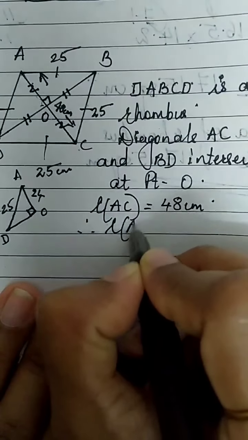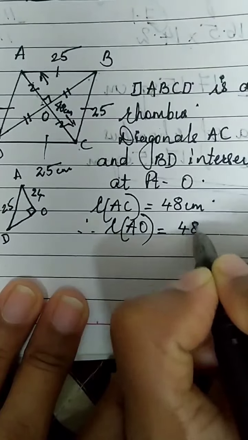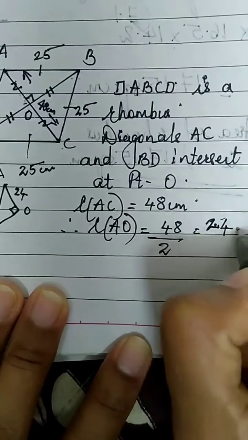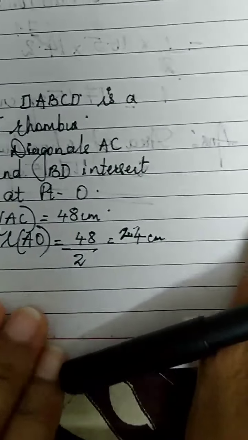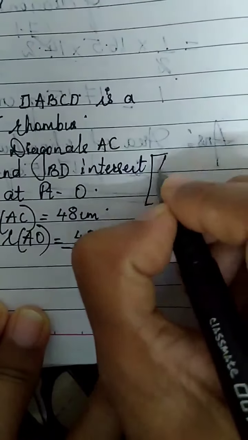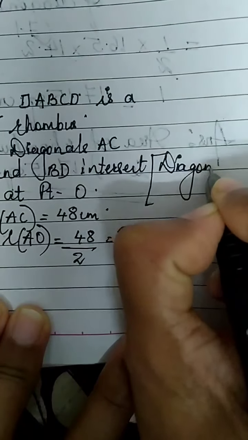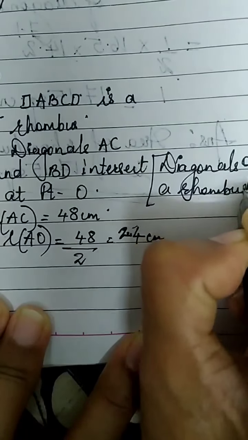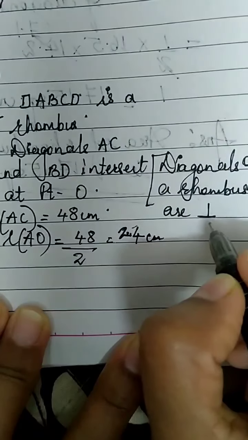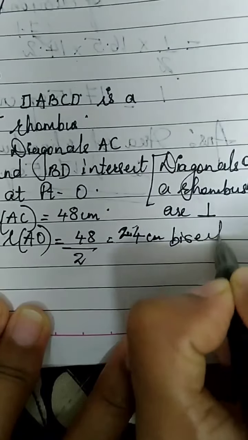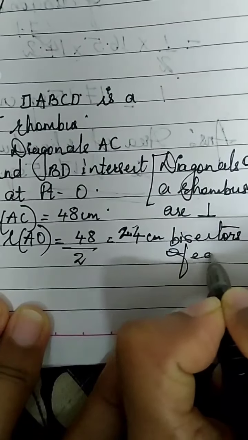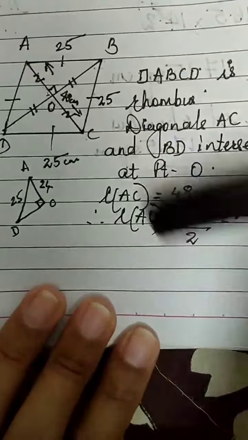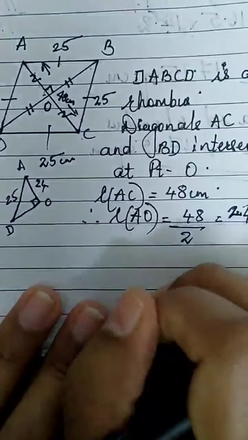Therefore, length of AO is equal to 48 upon 2, which is equal to 24 centimeter. Now, why are you saying this? Because we know the reason. Write down the reason. Diagonals of a rhombus are perpendicular bisectors of each other. Perpendicular sign I am using. Perpendicular bisectors of each other. Okay. So, because of this reason, we got AO as 24.